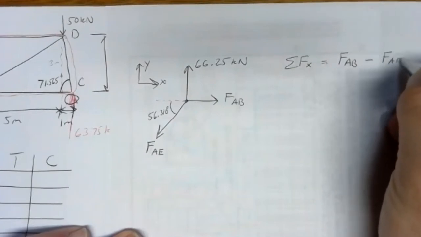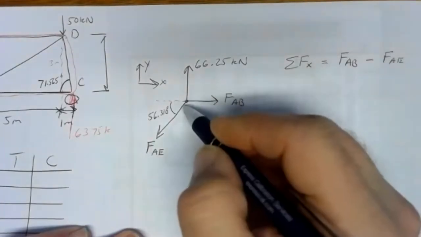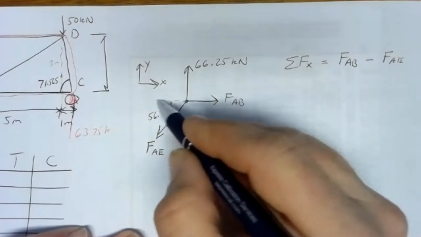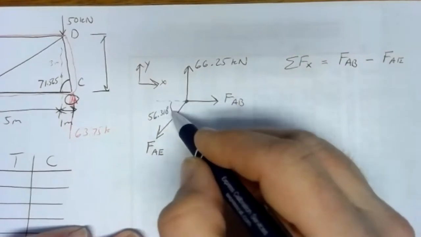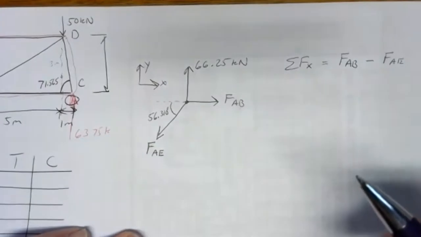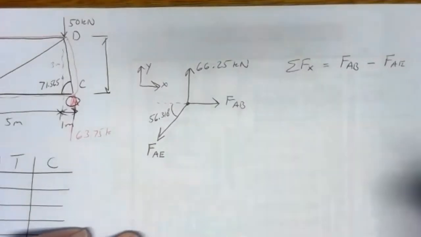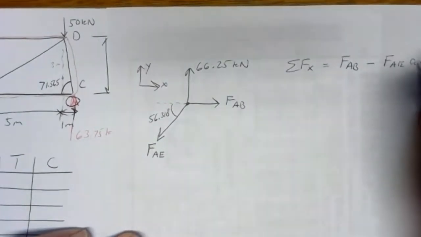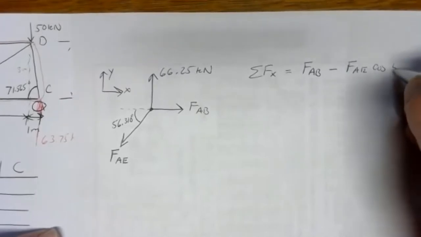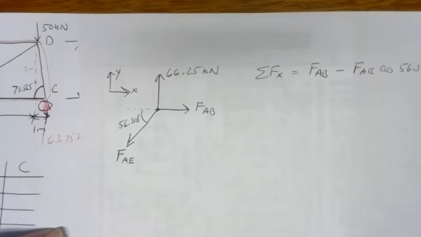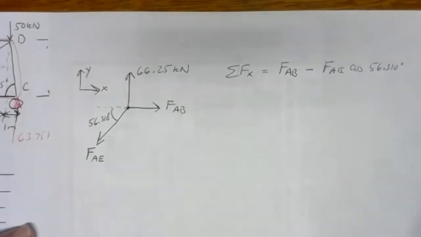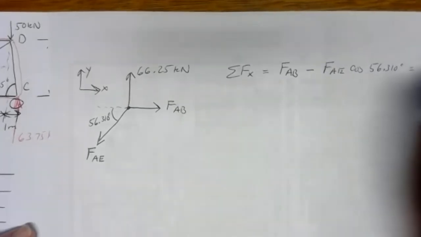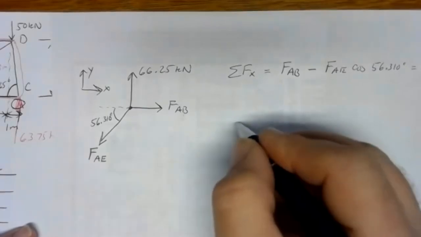So we can write that as minus FAE, but we have to figure out what that piece is. It's the adjacent piece. X here would be the adjacent side to the angle of 56.310, and adjacent goes with cosine. So we have the cosine of 56.310 degrees, and nothing else in the x direction. So that sum is 0.